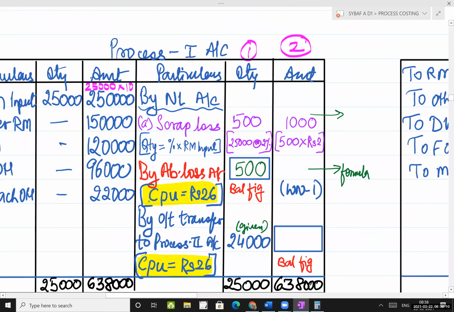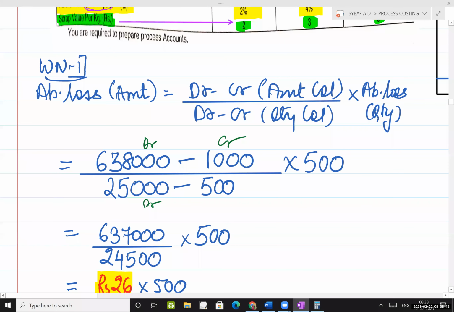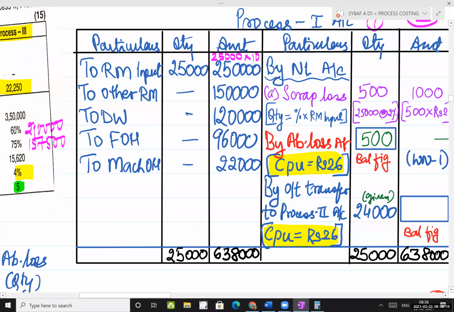Then debit side amount quantity is how much? 25,000. See, debit side quantity ये रहा total, and credit side quantity is how much? 500. Okay.